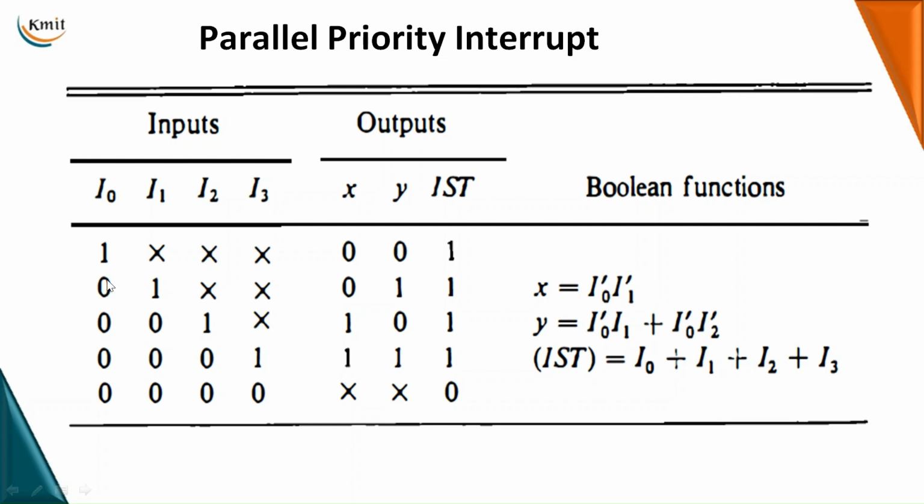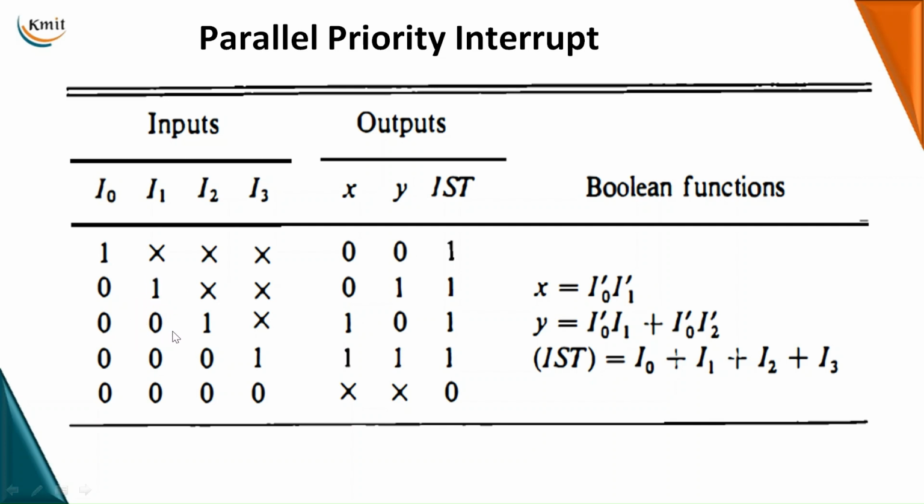In the second case, if I naught is 0, there is no interrupt from I naught, and there is an interrupt from I1, the remaining two are don't care conditions. Since I naught is 0, I1 is the next high priority device, and it has to be serviced first by the CPU.